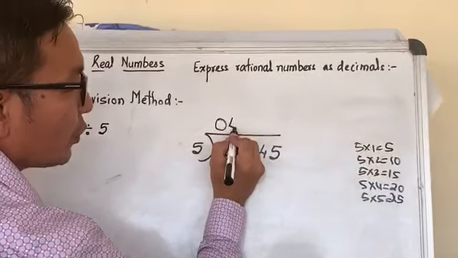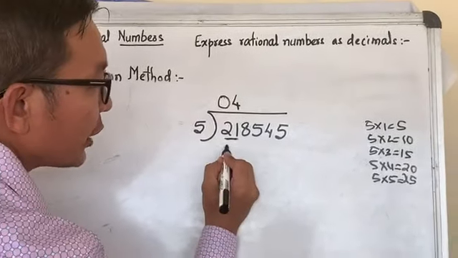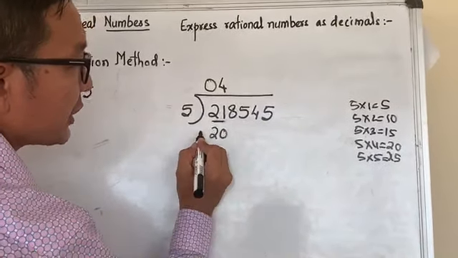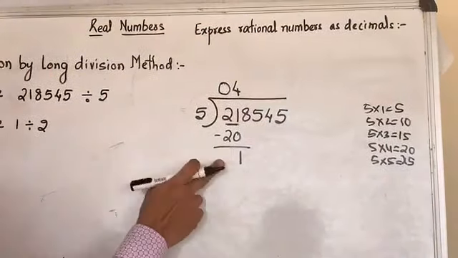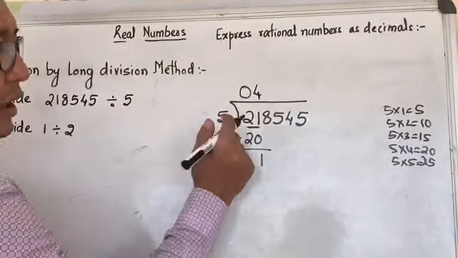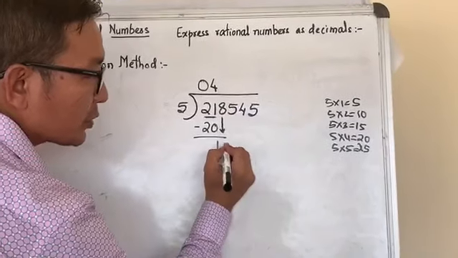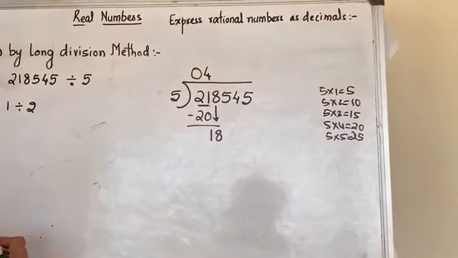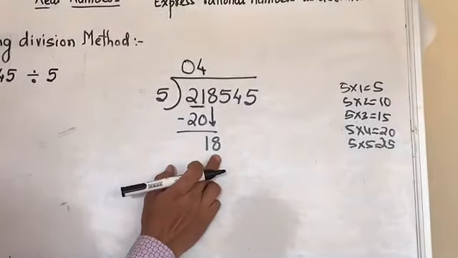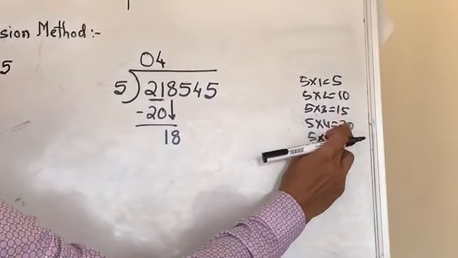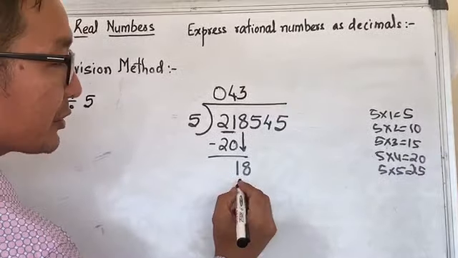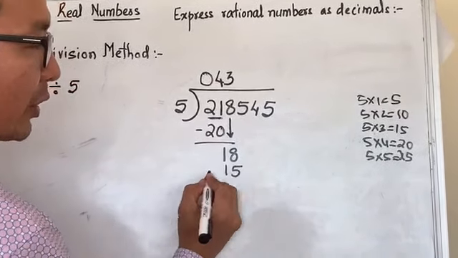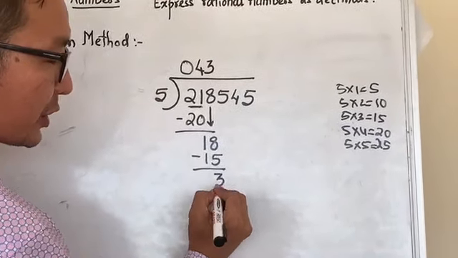So 21 minus 20 is 1, and the remainder is 1. Now we need to take down or copy the 8, so 1 becomes 18. So 5 goes into 18: 5 times 3 is 15, which is almost 18. Subtract, and the answer is 3.